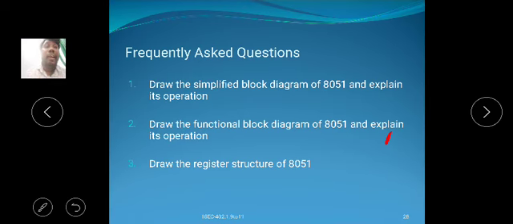Draw the simplified block diagram of 8051 and explain its operation.